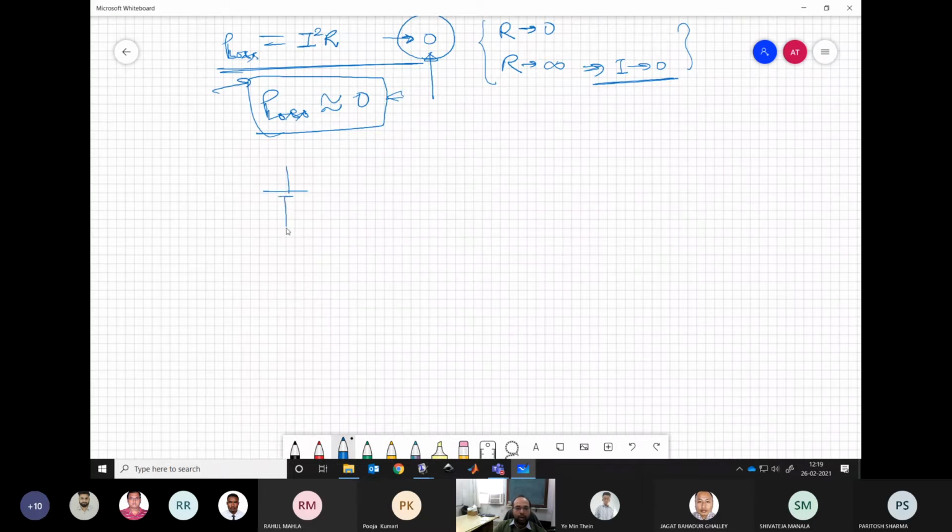have, let us say, a battery. And we have a switch which has three terminals, let us say, a pole, throw 1 and throw 2. And this pole can be connected to either throw 1 or throw 2.